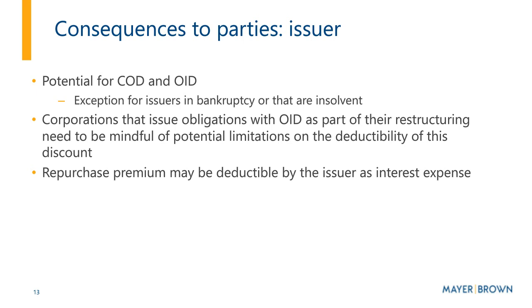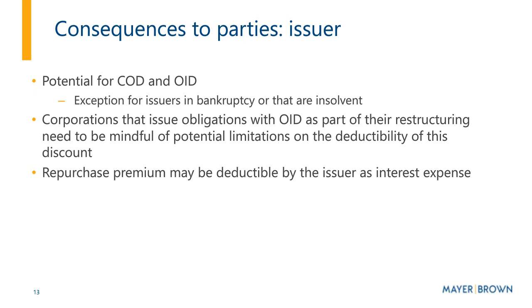There are relevant consequences to an issuer in each position. For purposes of debt-for-debt exchanges or modifications where it's more of a distress situation, there is the potential of cancellation of debt income, COD income.